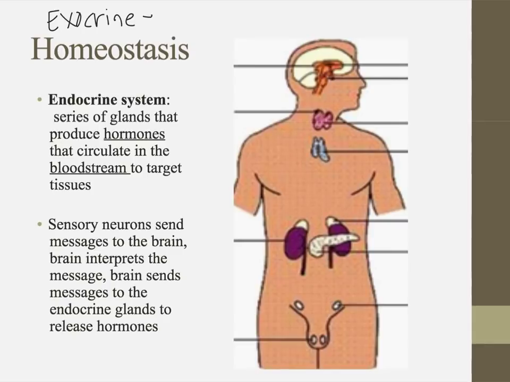Exocrine glands secrete fluids via ducts, like the gallbladder. The gallbladder is an example there. They're secreting something to a specific location via a duct.